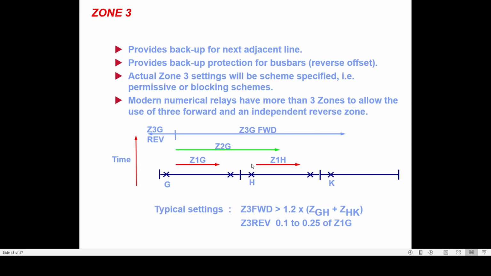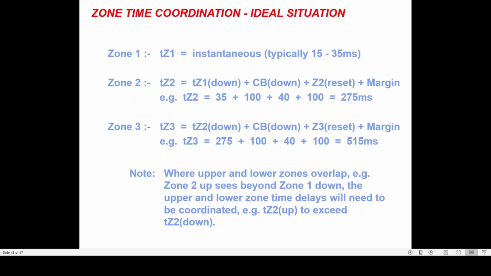But for relay at H to operate, if you set this relay at H to a very low value, then due to various types of errors, it may be possible that this reverse zone will not come inside this relay at H during the various types of error. So generally we set at 20%, and now if all these errors are in the minus direction, it will again come down to 20 minus 20, that is up to this bus. We will discuss it in detail in the subsequent lectures.